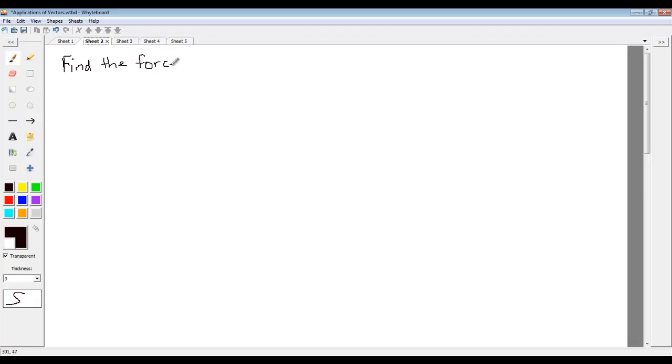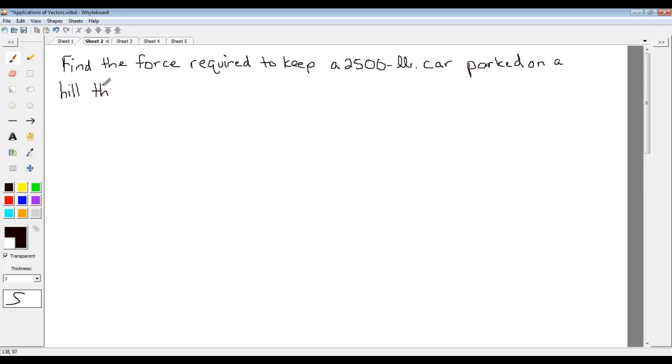No, find the force required to keep a 2,500-pound car parked on a hill, that makes a 12-degree angle with the horizontal. Make sure that parking brake works, right? Or maybe you have just really strong rope holding it there.